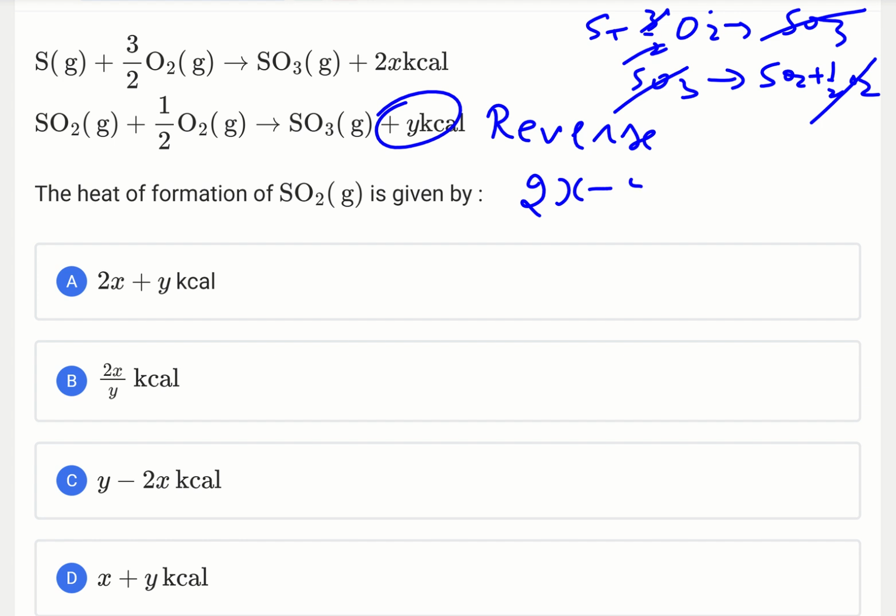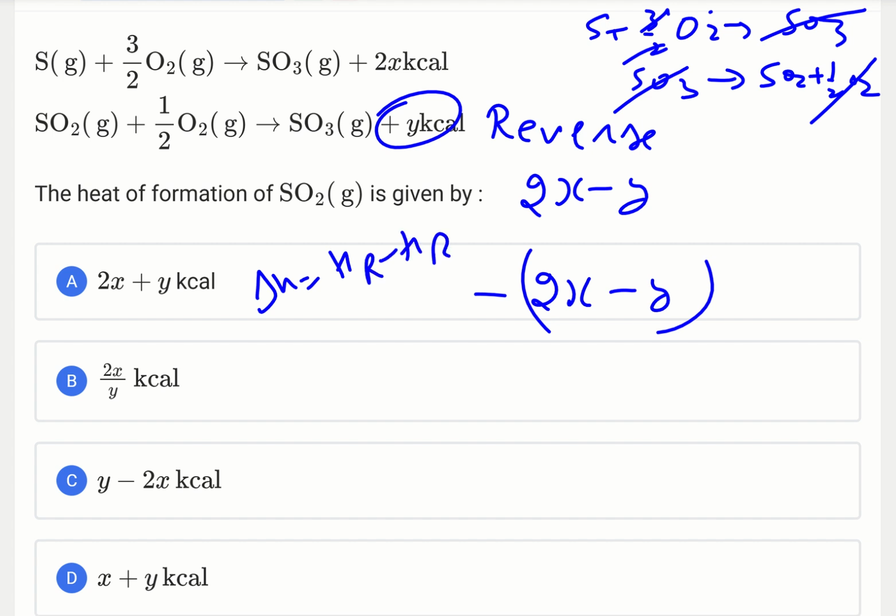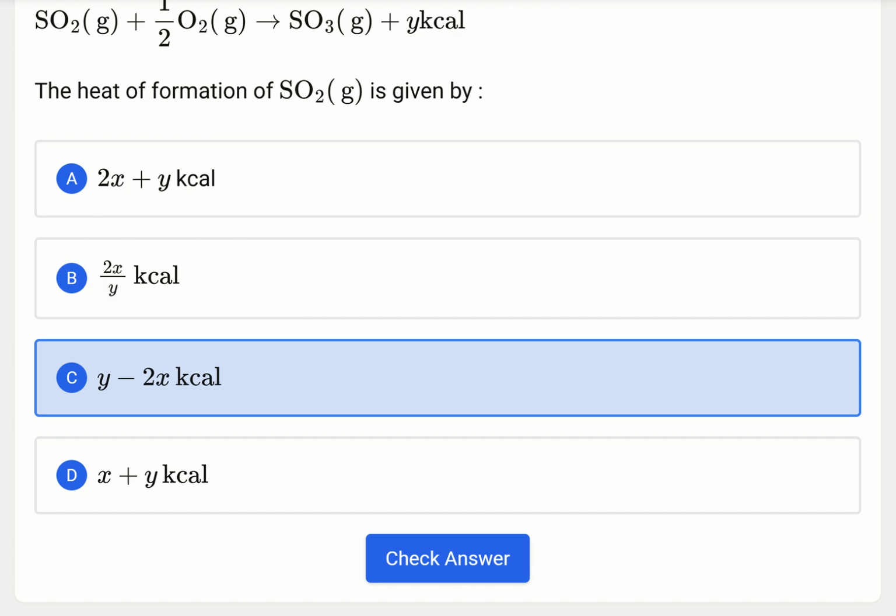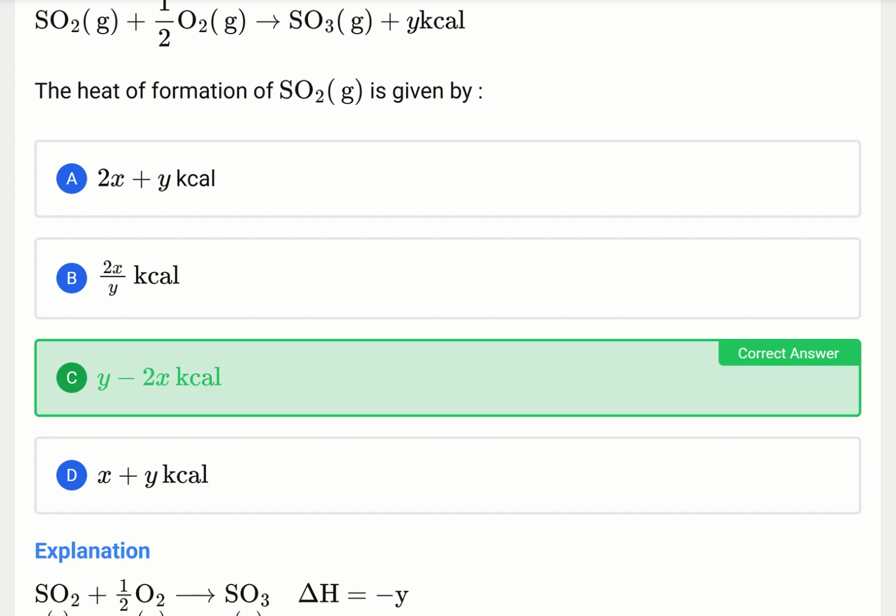It was plus y. Now it is 2x minus y. So it is heat of formation. Heat of formation means minus of (2x minus y), because delta H will become HR minus HP, or you can write HP minus HR, because heat of formation is exothermic in nature. So it will become y minus 2x. Definitely, we'll proceed with option C. Yes, we got this answer again right.